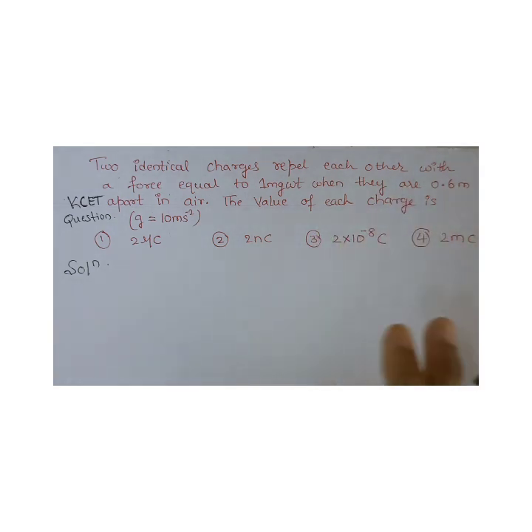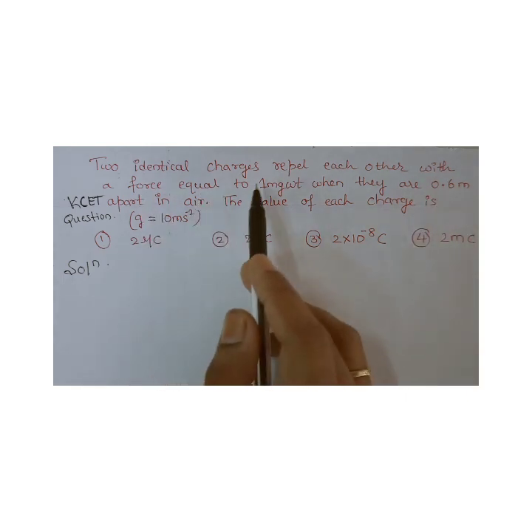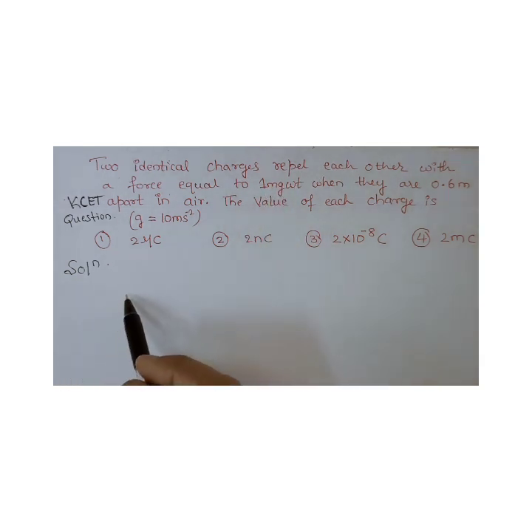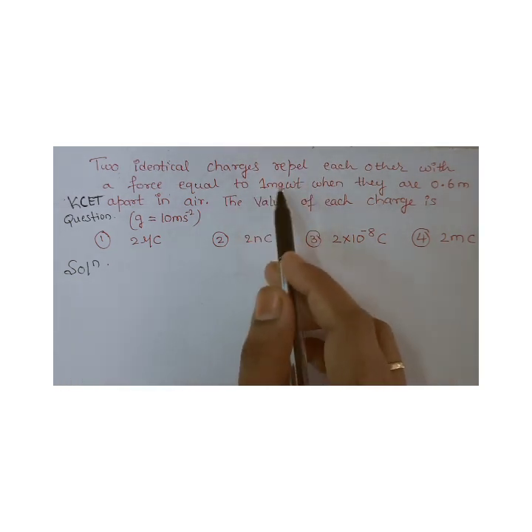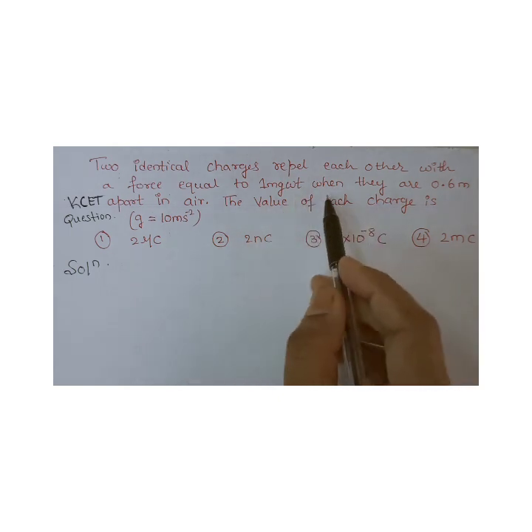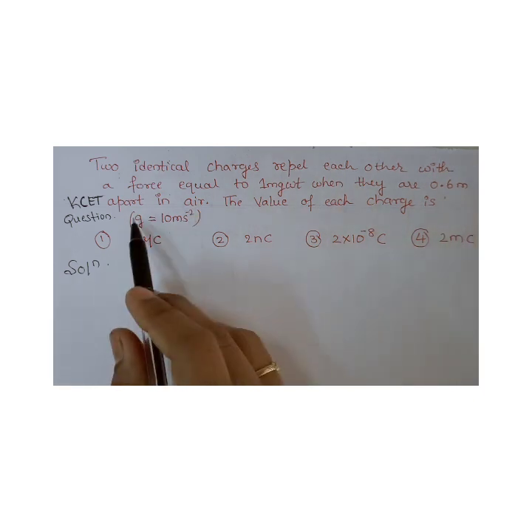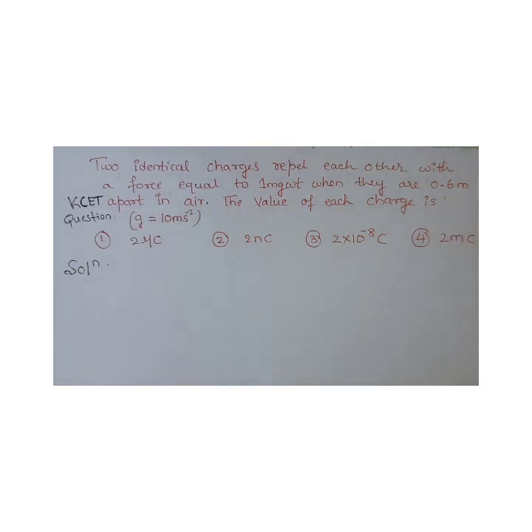Like charges repel with force definitely. The force of repulsion is equal to how much? 1 milligram weight. So this is the unit given over here. We will solve it when they are 0.6 meter apart in air.